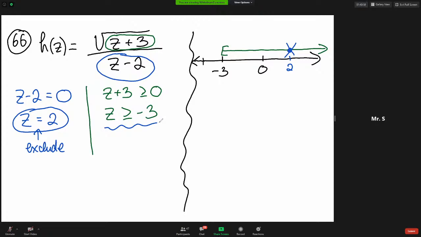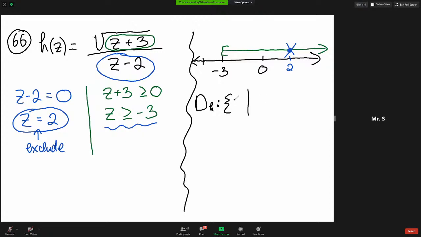And to do so, I have a couple of ways of doing it. We'll start with set notation. If I write using set notation, then the domain is the set of all real numbers x, such that, and then I can say x is, well, wait, it's not x, it was z. So let me use the correct letter.